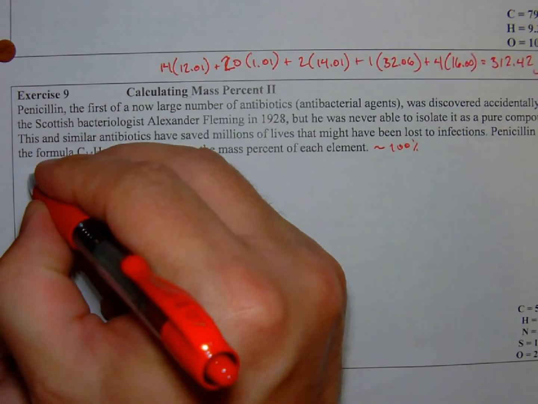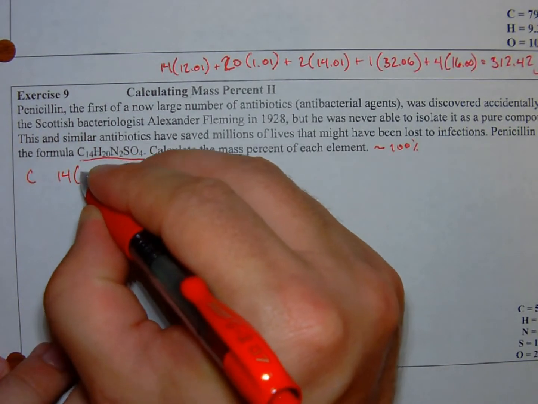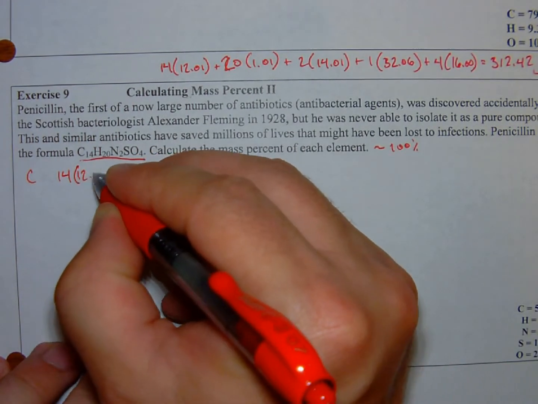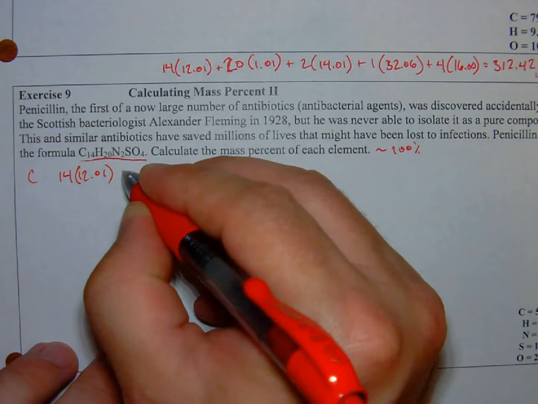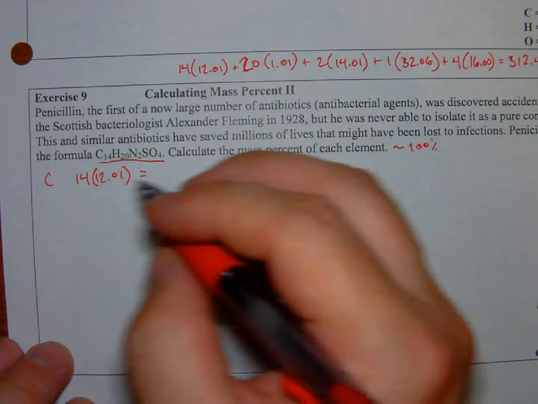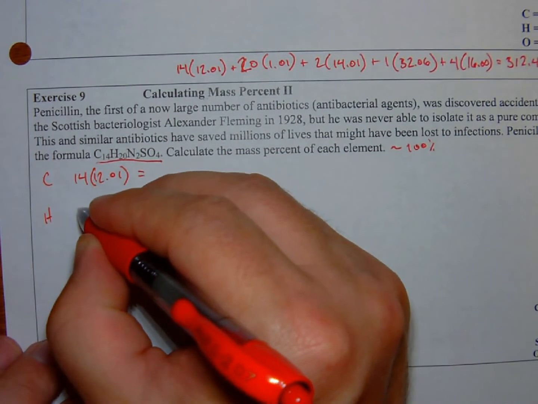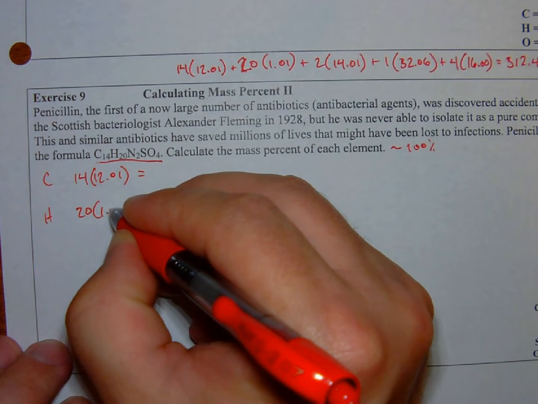So for carbon, that looks like, let's see. Actually, I'm just going to write all these out first. Hydrogen, that was 20 hydrogens.